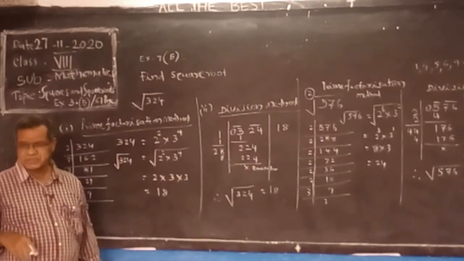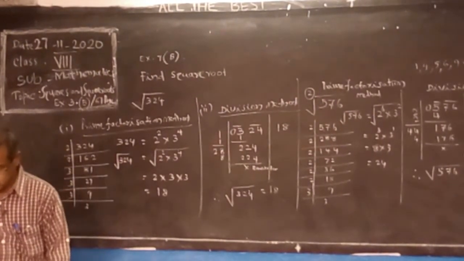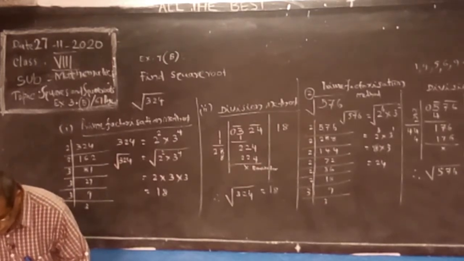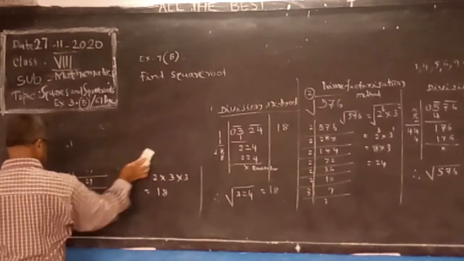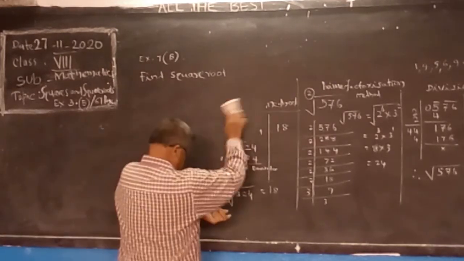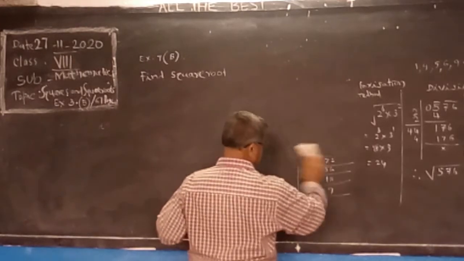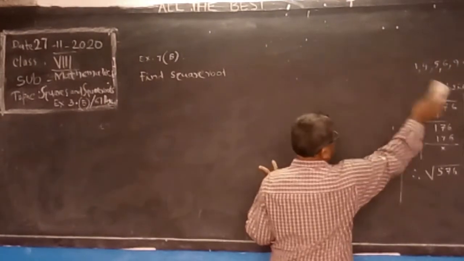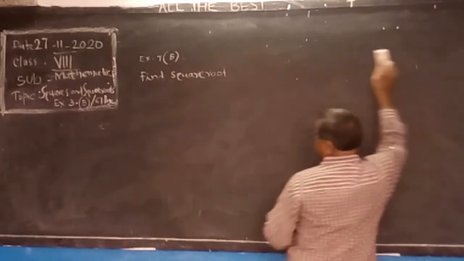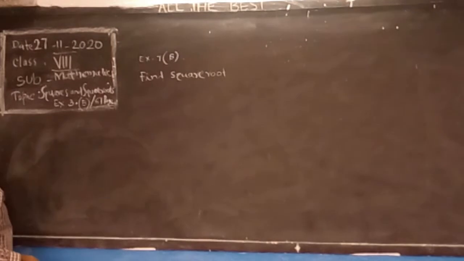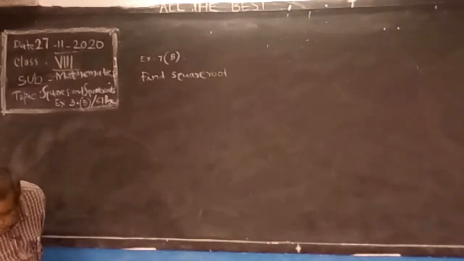The division method is easy. Within a short time you can do it easily. A few more. 7744.